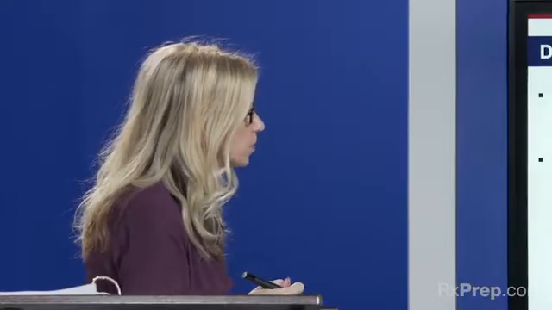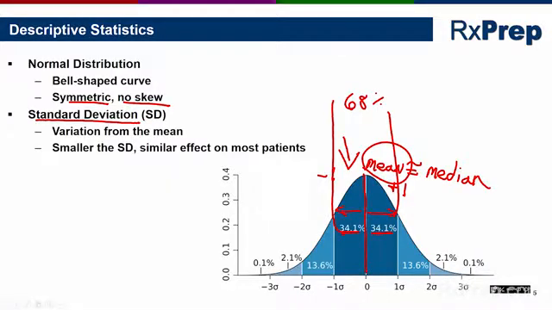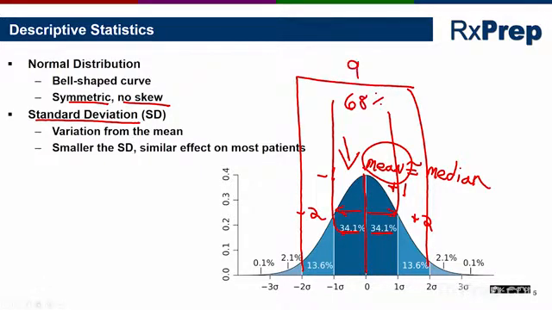So that's 68%. If you go out 2 standard deviations from the mean, now you're adding in these values, the 13.6 on each side, and this represents 95% of the patient population. So it's really important when you have normally distributed data to understand the standard deviation, because you see what most people are experiencing in that trial.